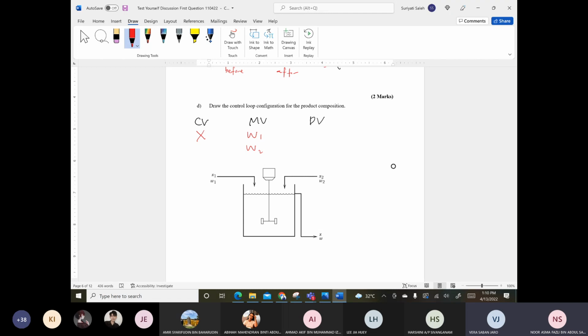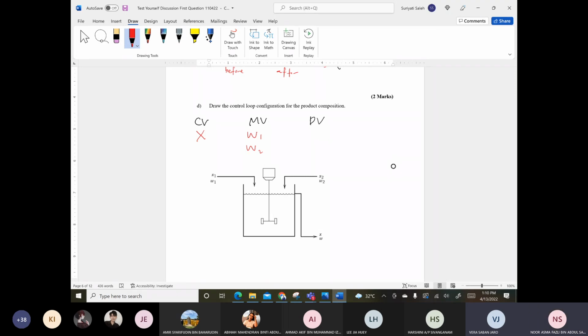Let's say we want 10 kilogram per hour, so it's easy to manipulate. If we try to manipulate the composition, 0.3 is a little bit difficult. So the normal practice in industry is to manipulate the flow rate rather than composition. That's why the choice is between W1 and W2.